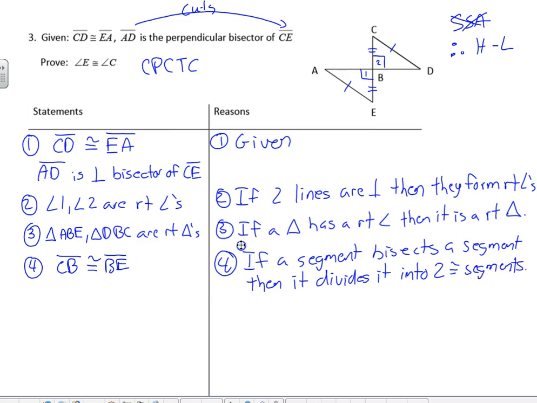All right, so we've got our hypotenuse is congruent. This is our H congruent to H. This is our leg congruent to a leg. We've said that they're right triangles. Okay, that's kind of check mark 3.